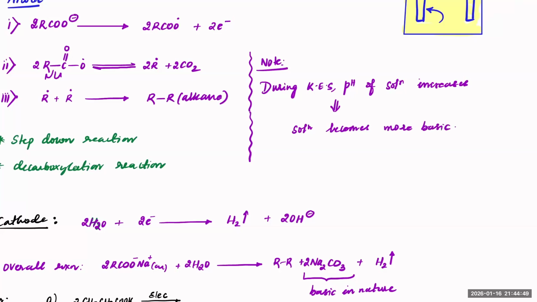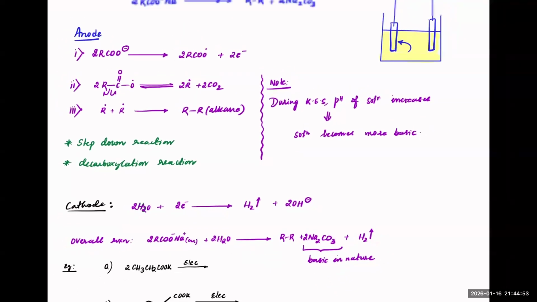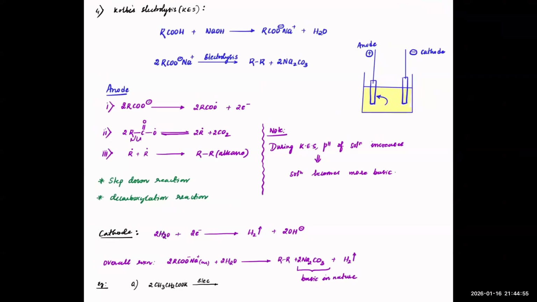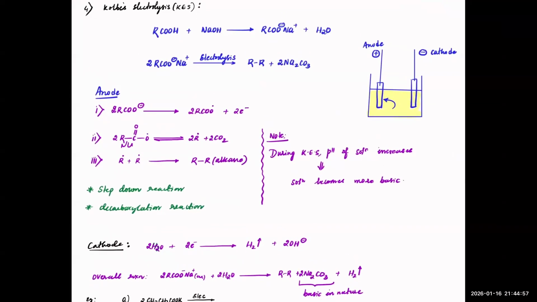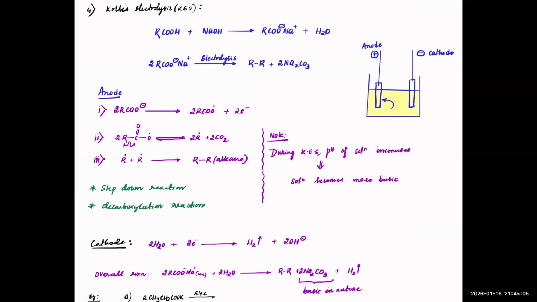This is one very, very important point, not just for this topic. You will come across the same reaction again in electrochemistry. So my suggestion is you write and learn. I'll give you a minute's time. Please go through it and write.